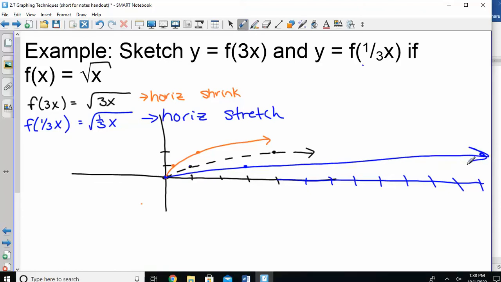So that horizontal stretch, when you took that graph and stretched it horizontally, it got long and skinny, or shorter and longer. Questions?